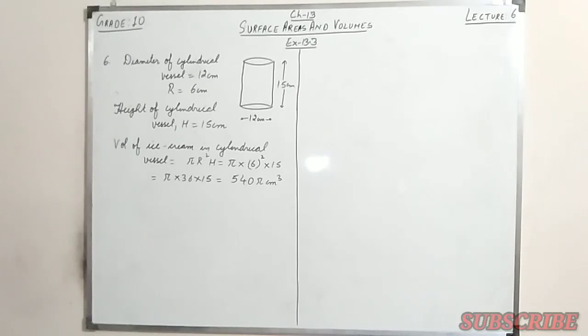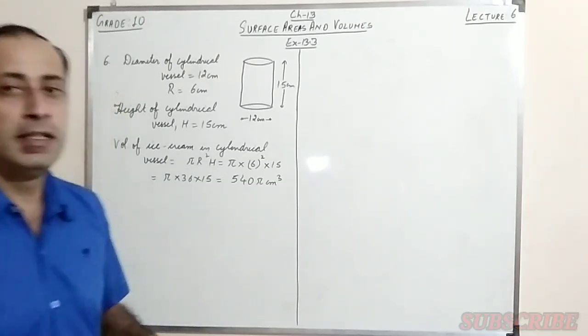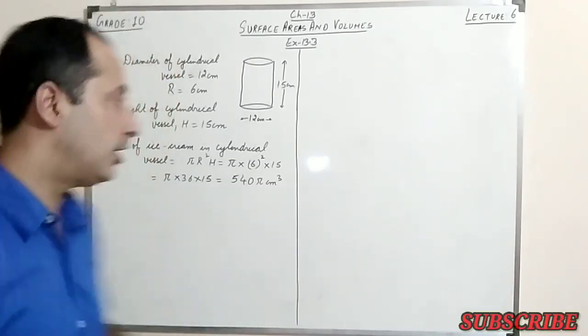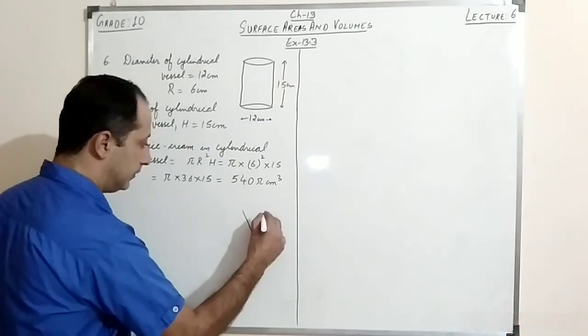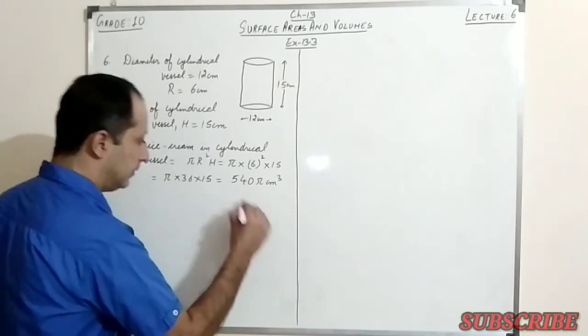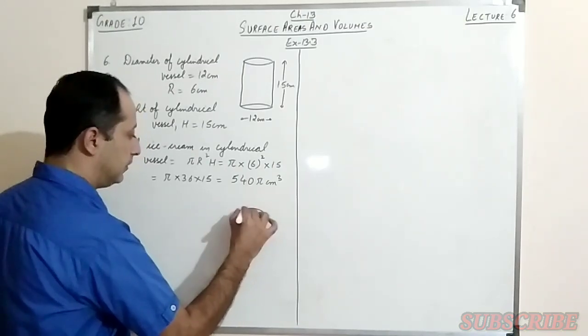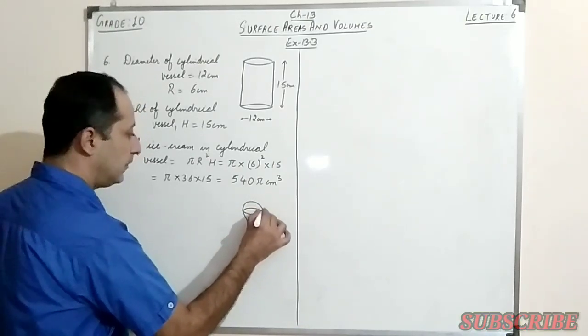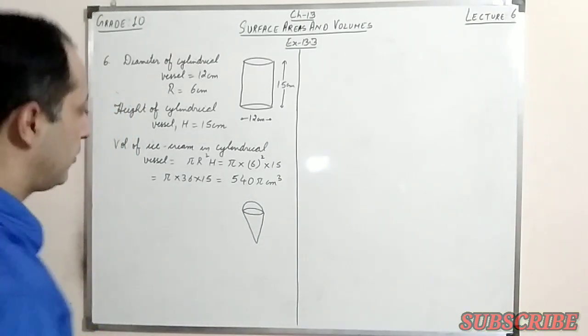This is what we get, right? Now from this cylindrical vessel, whatever ice cream is contained in it is put into the cones. Now let's make a cone here. And this is what is given. So we have a cone and there is a hemisphere over it.